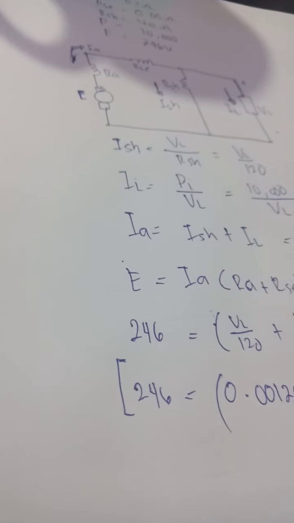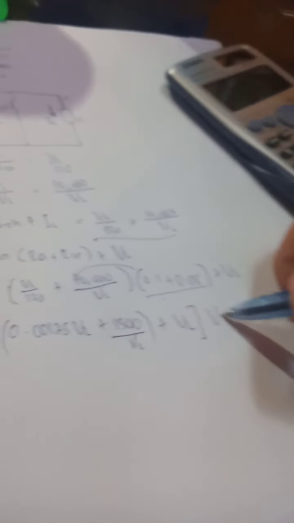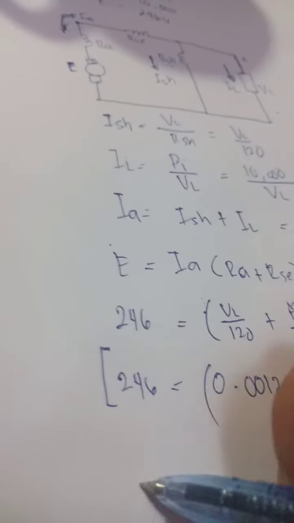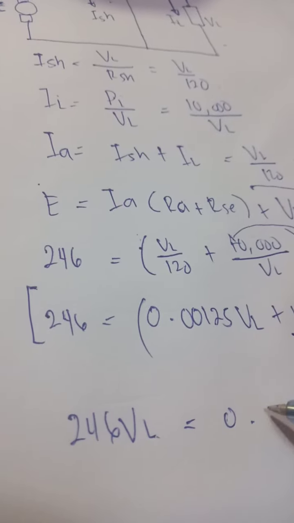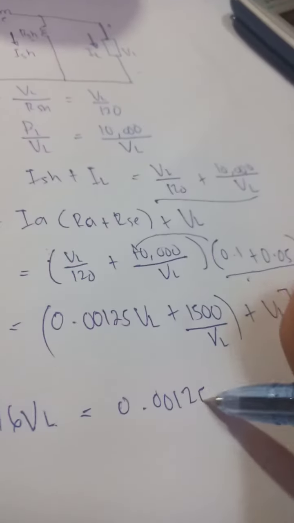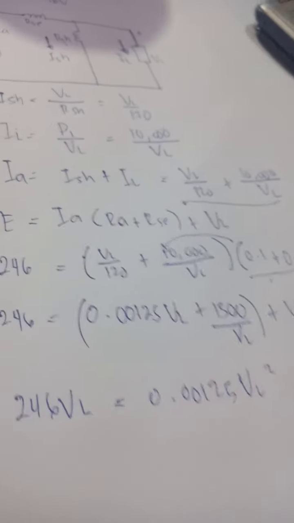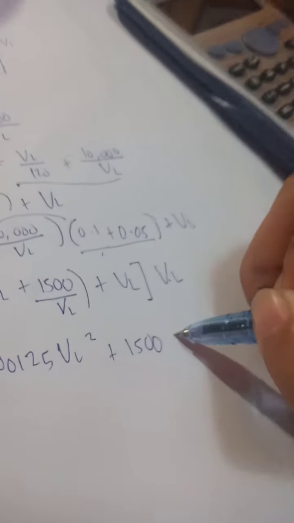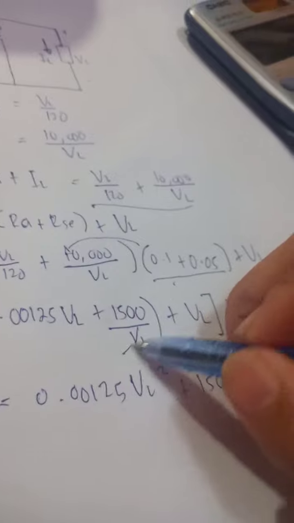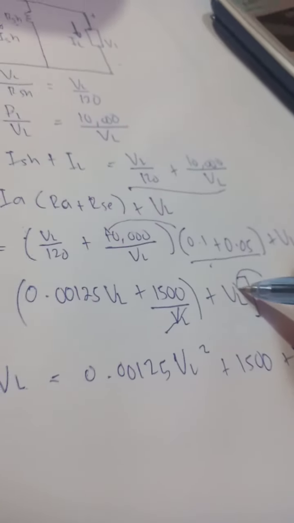Multiply both sides by VL, that's 246 VL is equal to 0.00125 VL squared plus 1,500 plus VL squared.